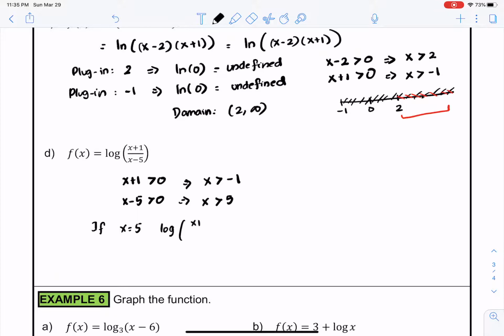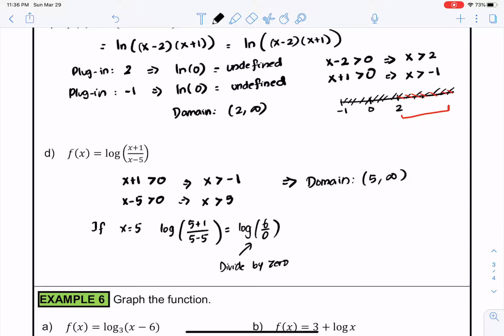We can't plug in x equal to 5 because if x is equal to 5, we would end up having log of x plus 1, which is 5 plus 1, divided by 5 minus 5, which is log of 6 over 0, and that is divide by 0, and we cannot do that. So this would imply the domain is 5 to infinity.